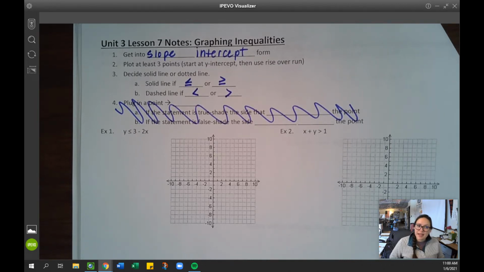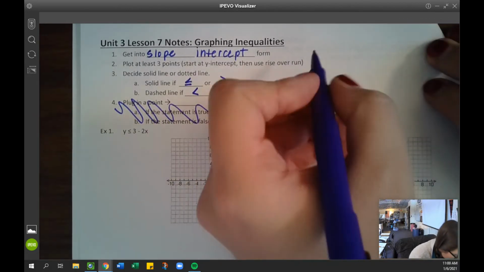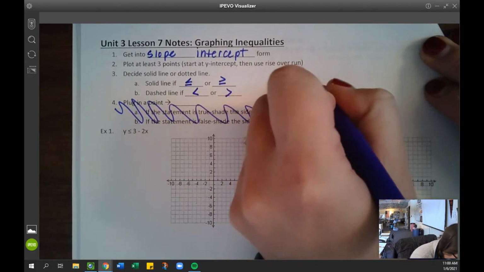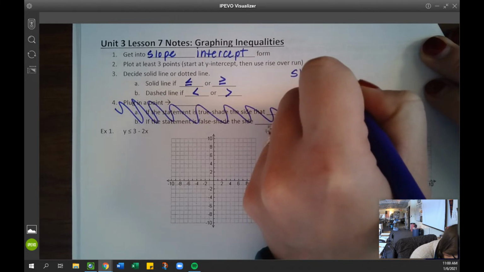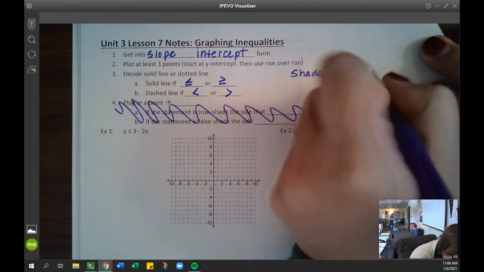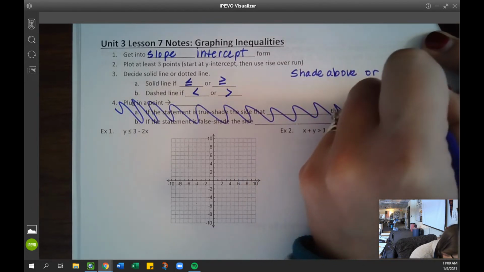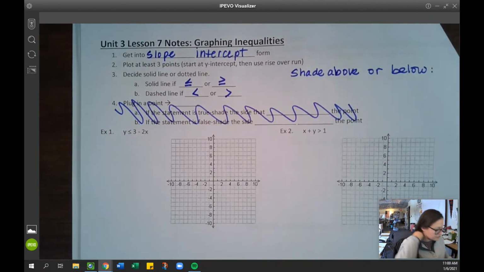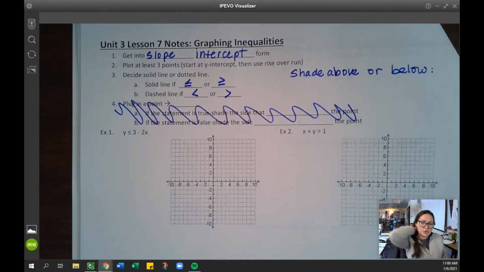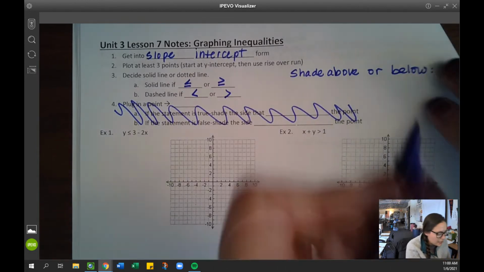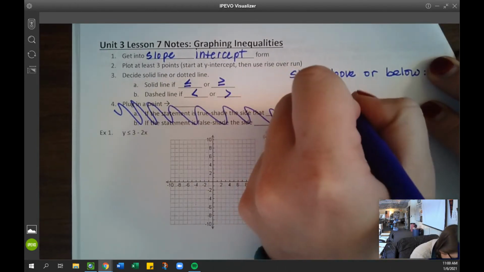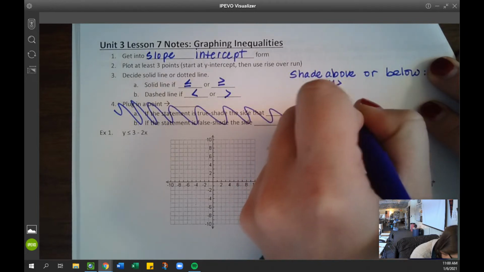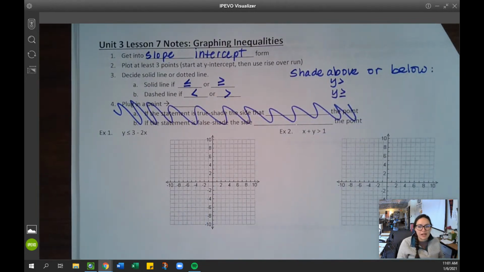The other thing is that we either shade above the line or below the line. And this is the extra notes that we're going to change. So you shade above the line if y is greater than or equal to.